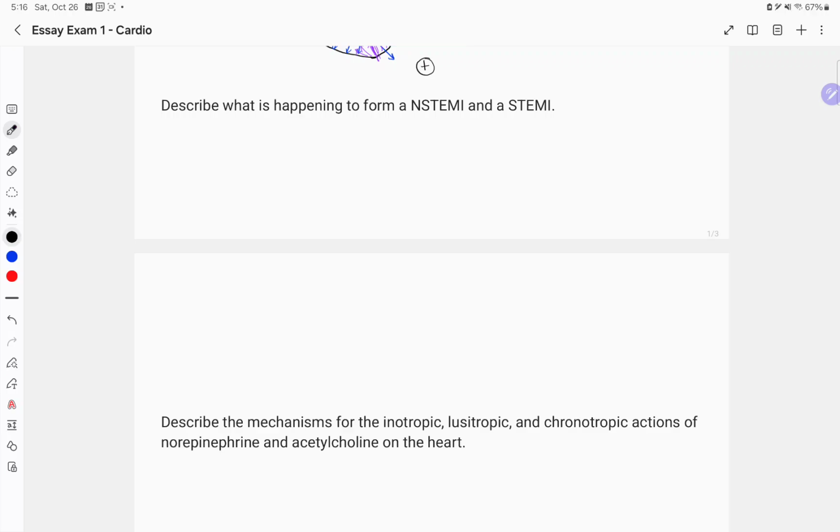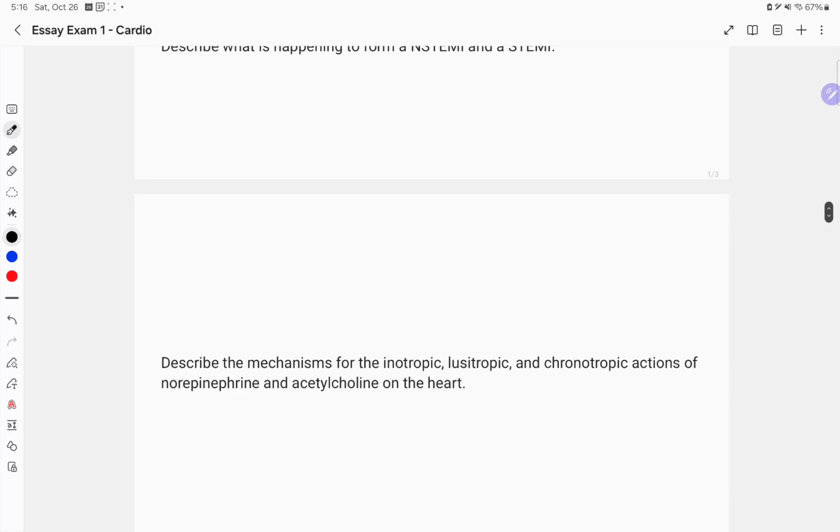So if we draw a heart here, okay, and we have our aorta here, and then we have our left coronary artery, okay.